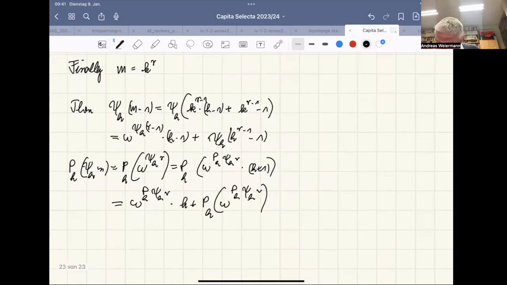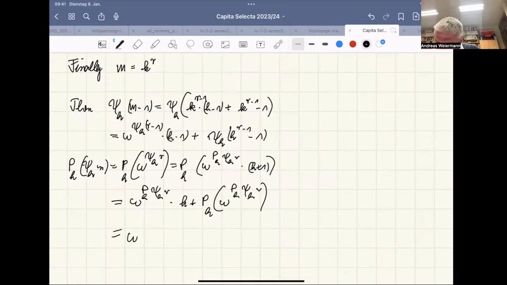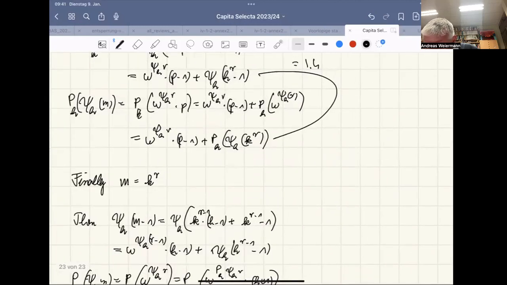Now, this one here is the same as omega to ck of r minus 1 by induction hypothesis times k minus, what is this? Here I see a problem.